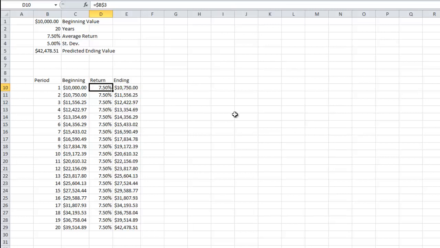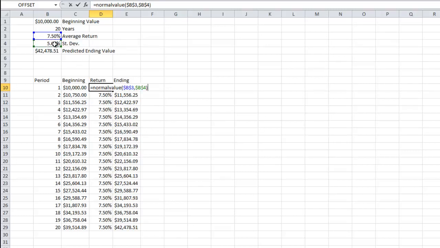So instead of saying that we're going to have a return of 7.5%, what we can say is this. Let's draw from a normal distribution using the normal value formula. And then all you have to do is give it the mean and the standard deviation.